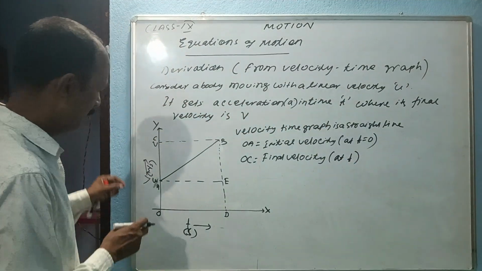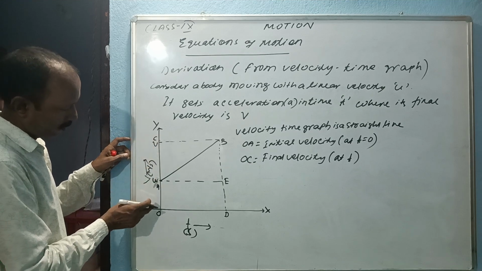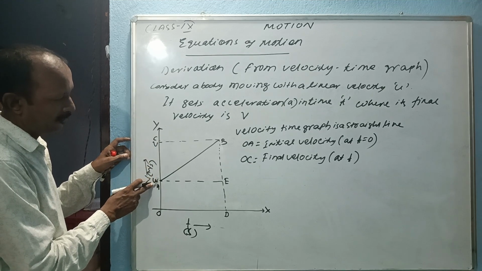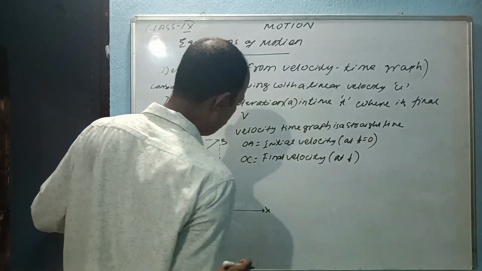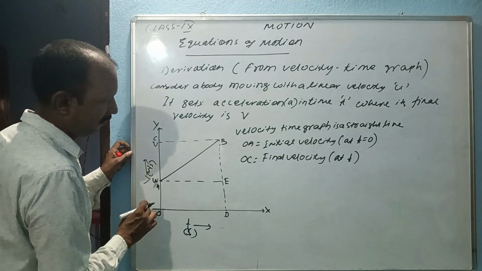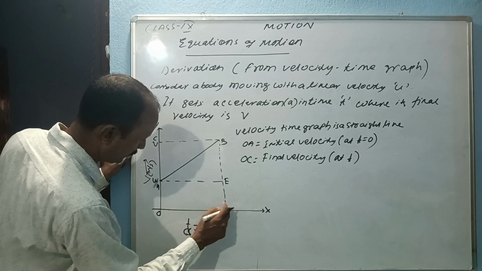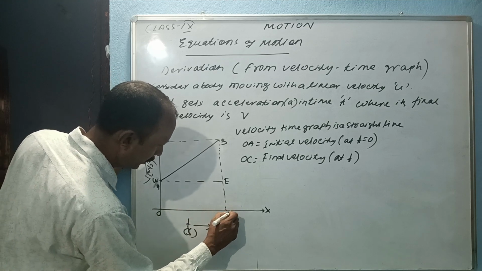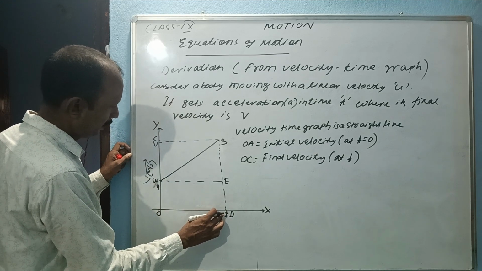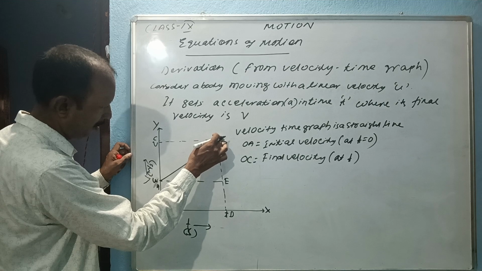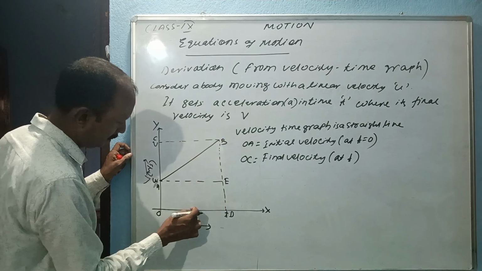Listen carefully. O to C represents the velocity v, whereas O to A represents the velocity u. So OA is the initial velocity at t equal to 0, and OC is the final velocity at t. So here to here this distance is t. At this point D the time is 0, and the time here is t seconds. I have drawn the perpendicular from the point B to the x-axis. This is t seconds.